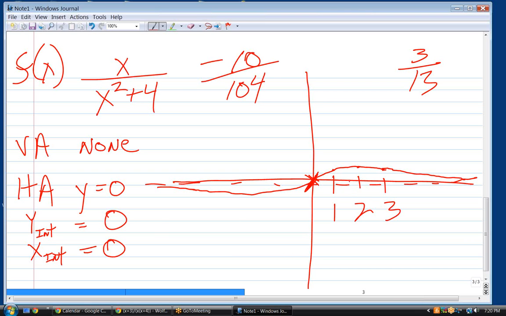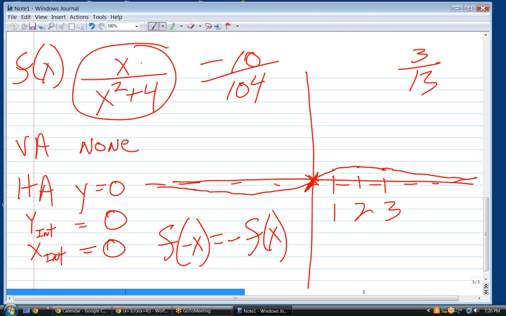So this function looks odd, doesn't it? It appears to have symmetry with the origin. Well, if an odd function is defined as this, it is odd, because when I plug in minus x, I get the negative of that, which is just putting a negative sign in front.